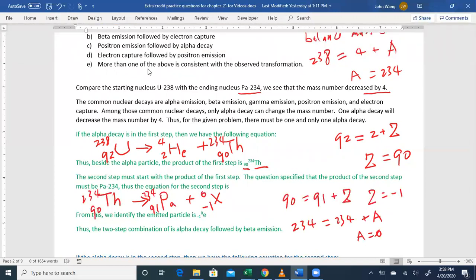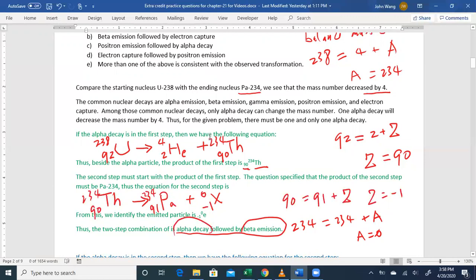Right. So therefore, if we start with alpha decay in the first step, the second step must be beta emission. So we have this combination of two steps. One possibility of this two-step combination is alpha followed by beta.